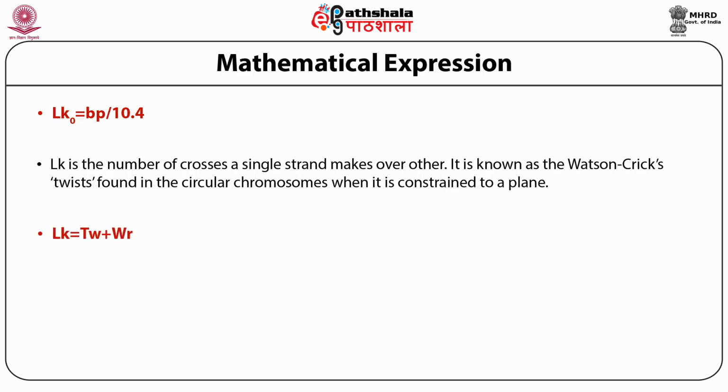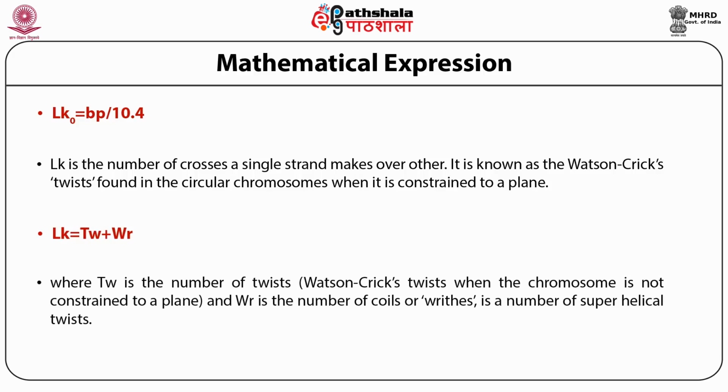Lk is equal to Tw plus Wr, where Tw is the number of twists, the Watson-Crick twist, when the chromosome is not constrained to a plane, and Wr is the number of coils or writhes, the number of superhelical twists. This is how writhe or Wr is defined.